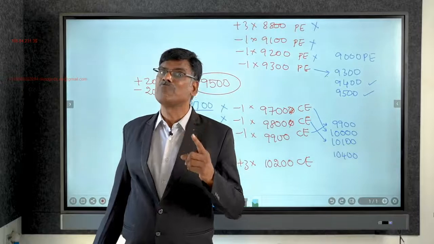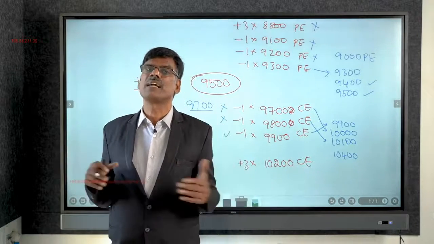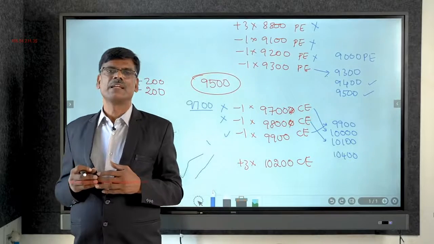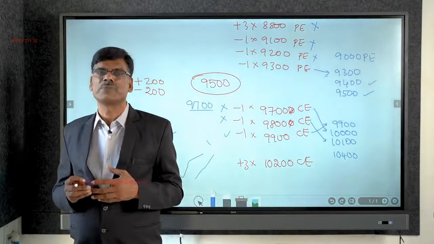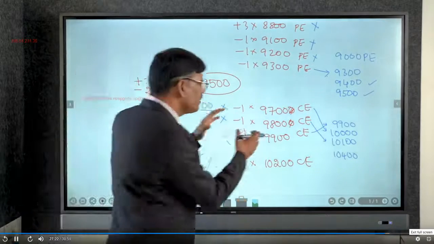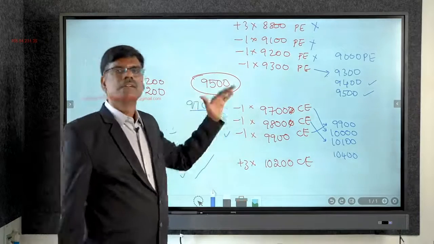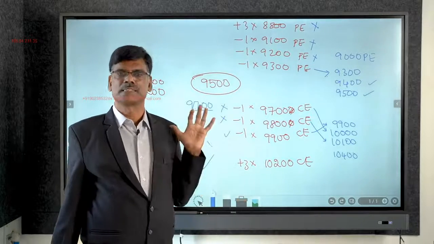But the market moved every day 200, 300 points. So if you have kept 500 point distance, you would have made very good profit. So this is multiple short strangle with protection and with keep on moving the positions.